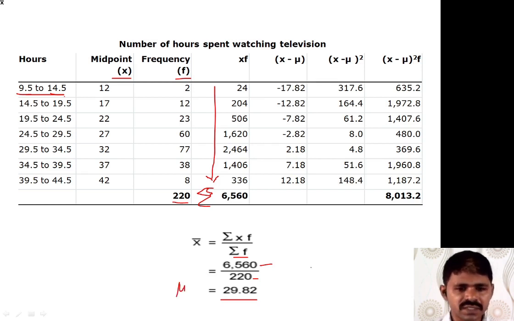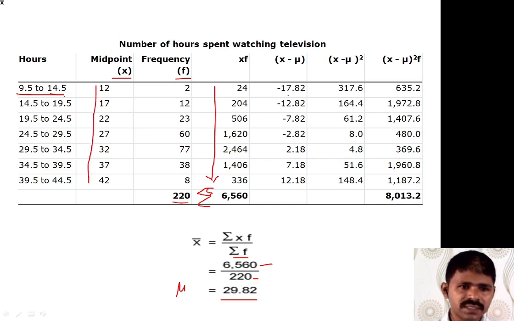Now we have to get the deviation values. Deviation means how far the observed value is deviated from the mean. So we subtracted the mean value 29.82 from all the x, that means the midpoint values.